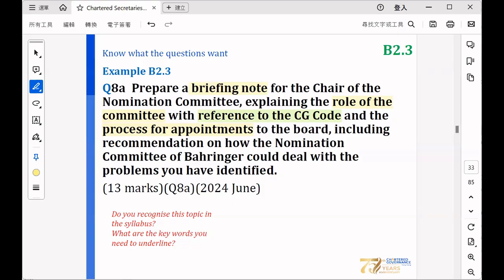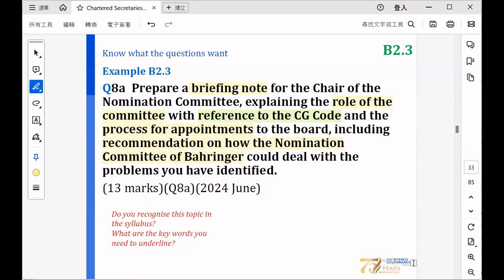And then for new candidates, they need to have an induction for the new appointment. And then finally, you can talk about the recommendations of the nomination committee, and how the whole process is related to this particular company.